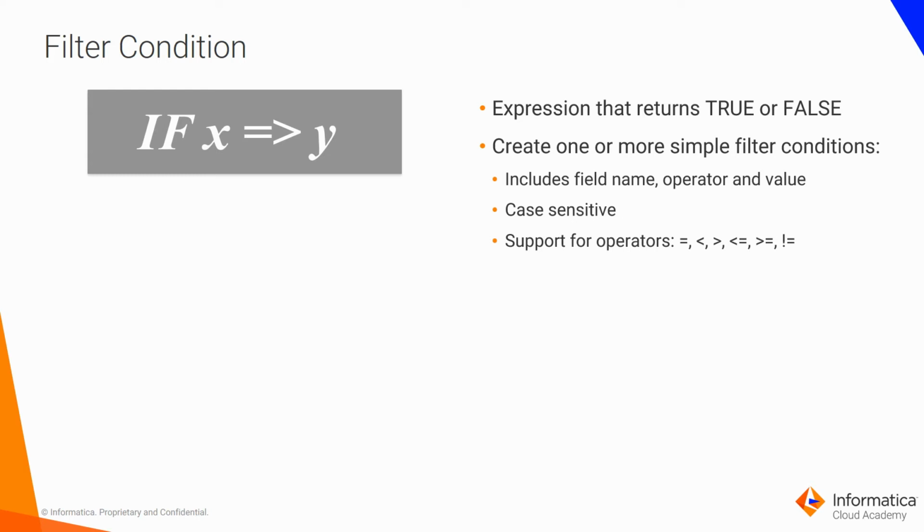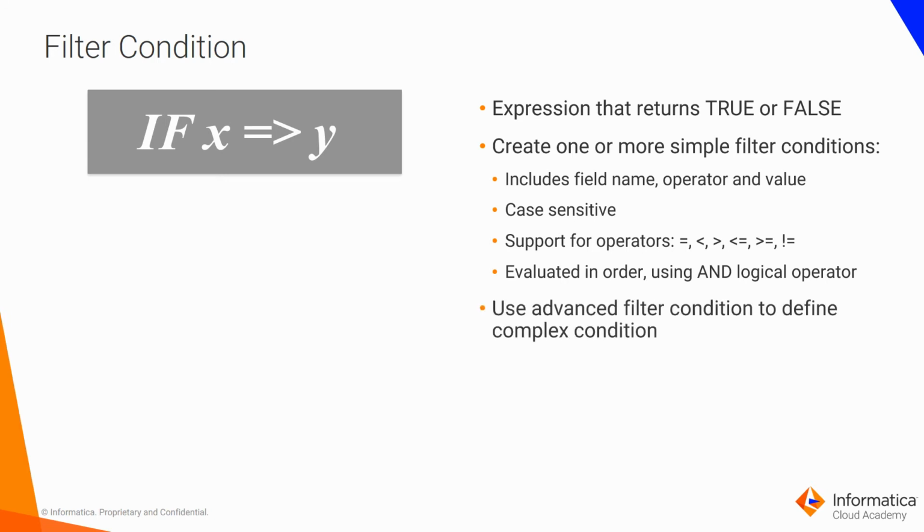If you have more than one simple filter condition, they are going to be evaluated in the order that you specify and are joined together using the AND logical operator. You can also use an advanced filter condition if you need to define a complex condition. So if you want to nest filter conditions or use an OR operator, you can do that with an advanced filter.